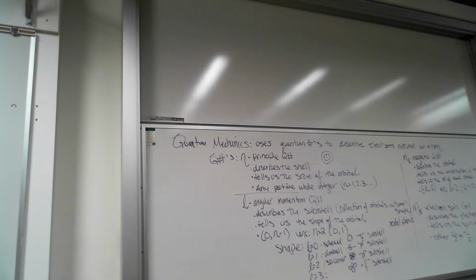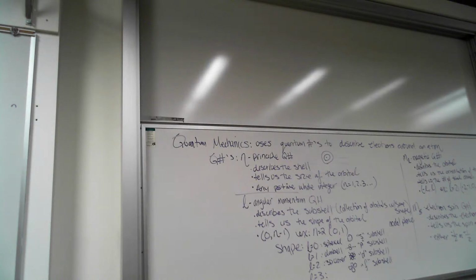Negative 1, 0, and 1. Remember, M sub L tells us the number of total orbitals. So we have 3 possible orientations. That means we have 3 possible orbitals within this subshell. Does that make sense? Is subshell making a little more sense now?